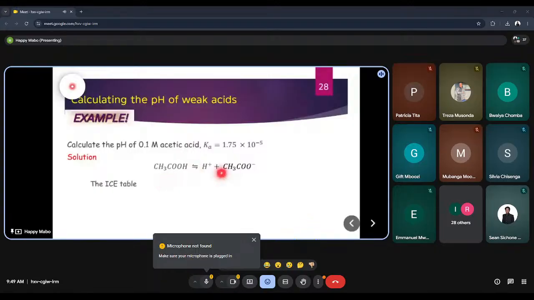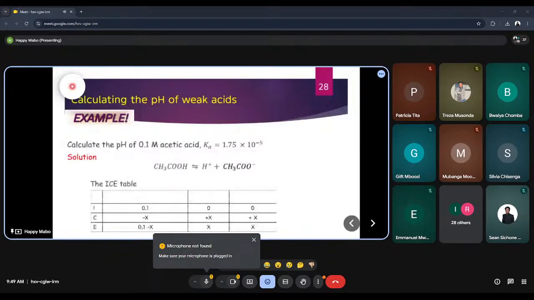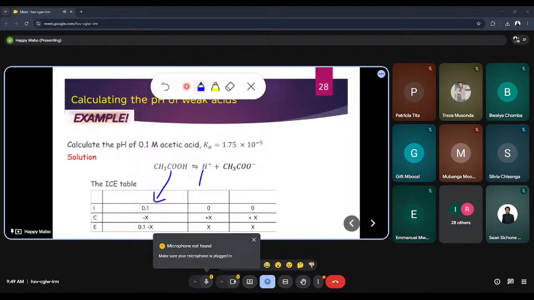So you write the dissociation equation for your acid, then you use the ICE table to figure out what the concentrations are going to be at equilibrium. So you have your acetic acid, you have your hydrogen ions, and you have the acetate ions.